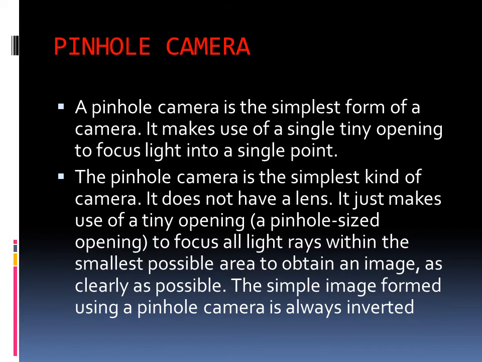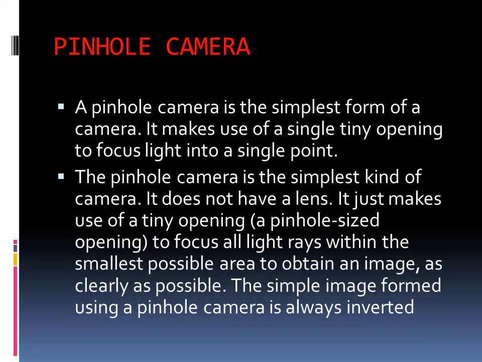The image formed using a pinhole camera is always inverted. Inverted means opposite. That means if the head is on the top, you will see the head at the bottom.